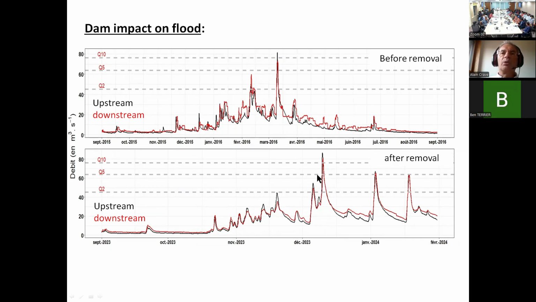You can see that all the little variability of the discharge is transferred downstream. We have just one little problem about the rating curve for one of the stations for low discharge.